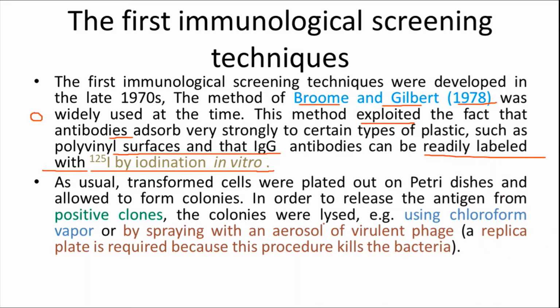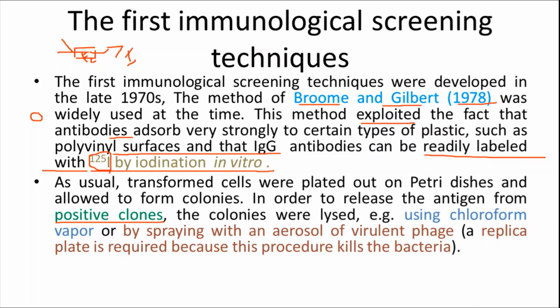When positive clones form antigen-antibody complexes, the antibodies are already labeled with iodine-125 or iodine-131. You know very well that an antibody has a constant fragment region, the Y-shaped region. This constant fragment region is labeled with iodine-125 or 131.